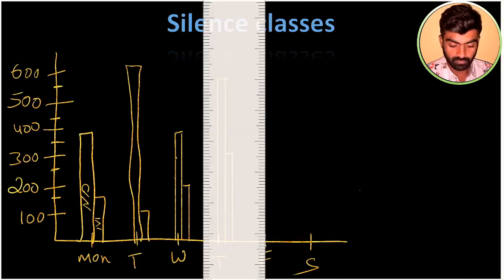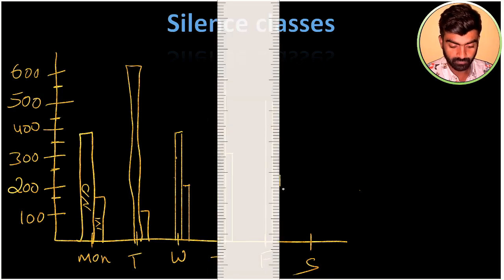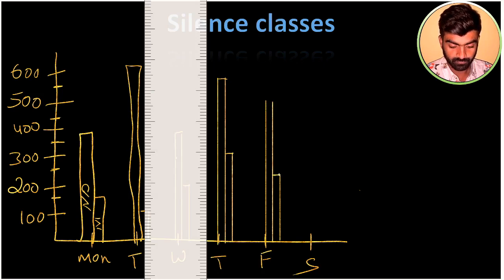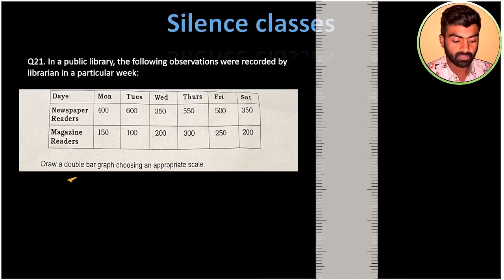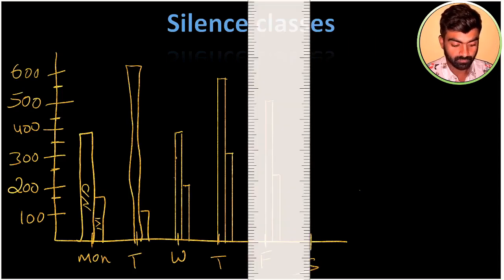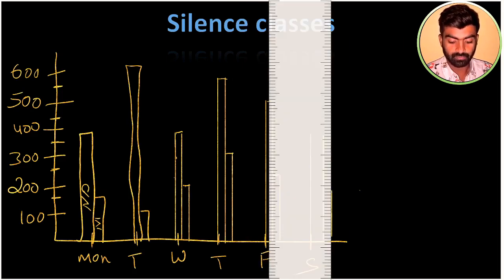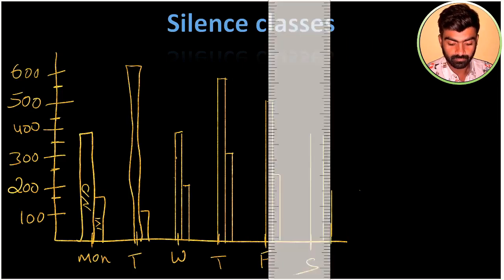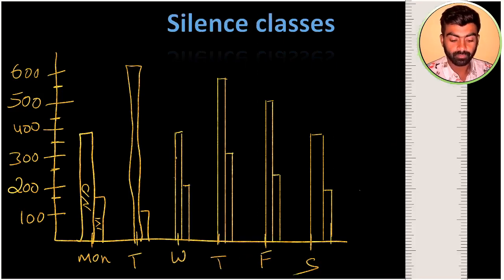I will keep it like this. 500 and 250 like this. Now on Saturday 350 and 200. 350 will be like this, and 200 will be like this. Like this, we make this bar graph.